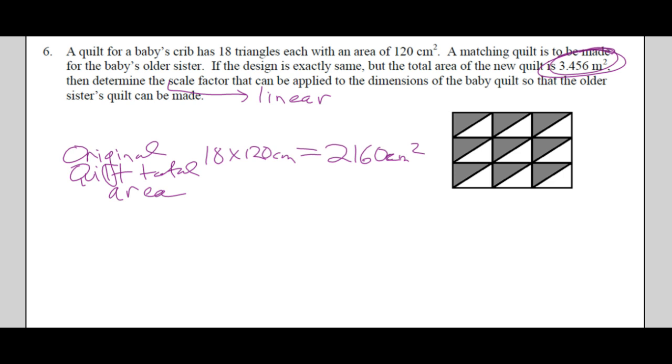Let's take this to square centimeters. So 3.456 meters squared is equal to how many centimeters squared? How do we do that?